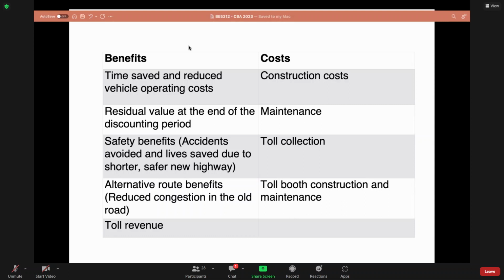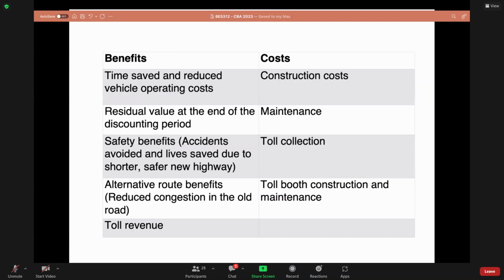In terms of benefits, there can be, say, time savings and vehicle operating cost savings. There can be a residual value at the end of the discounting period, the life cycle that you consider.